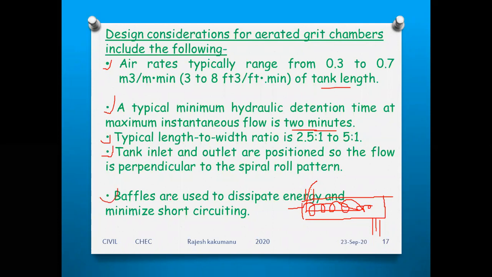Next one, baffles are used to dissipate energy and minimize short circuiting. So baffles are the devices which are used to dissipate the energy and minimize the short circuiting. You have to minimize the short circuiting, so we are using a device known as baffles.